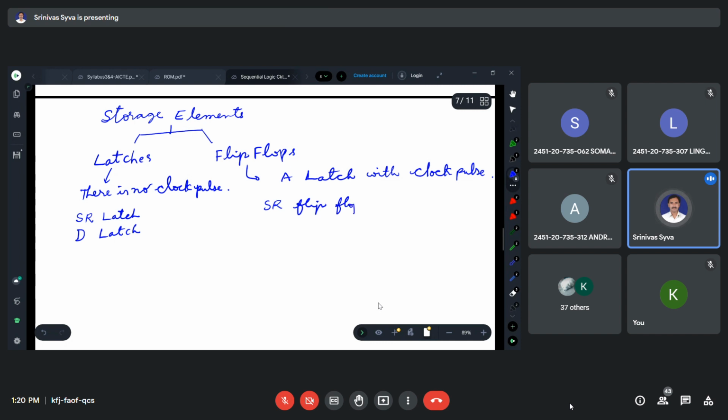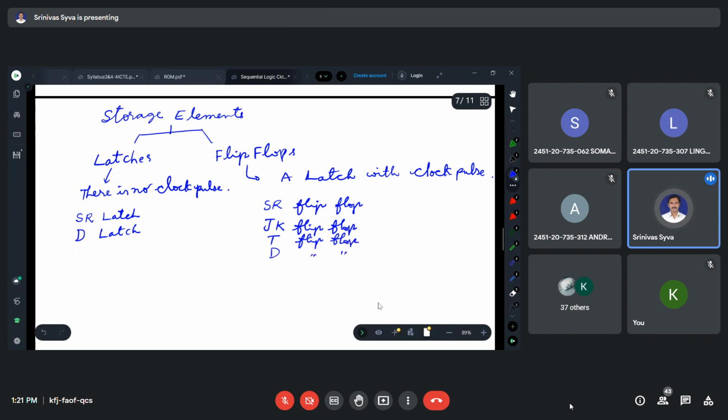There is a slight difference between a latch and a flip-flop. Then the JK flip-flop, T flip-flop, and D flip-flop.